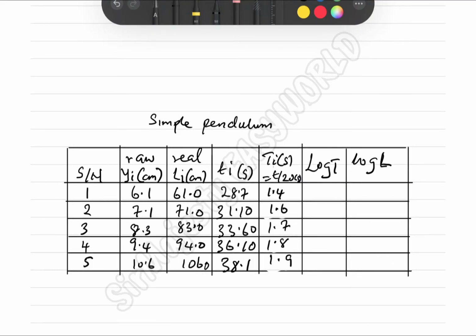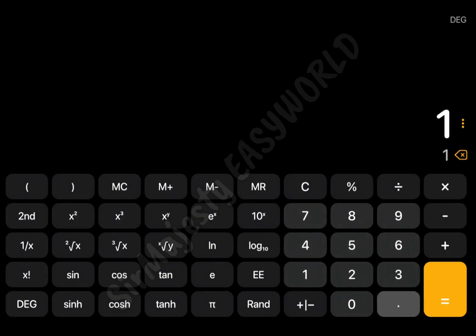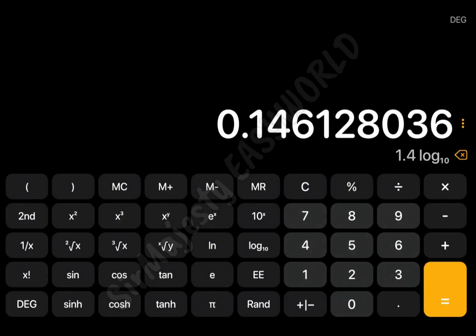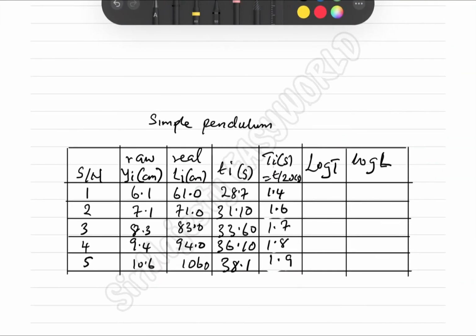That's log of 1.4. So let's see, log 1.4 will give you 0.14. So here should be 0.14.